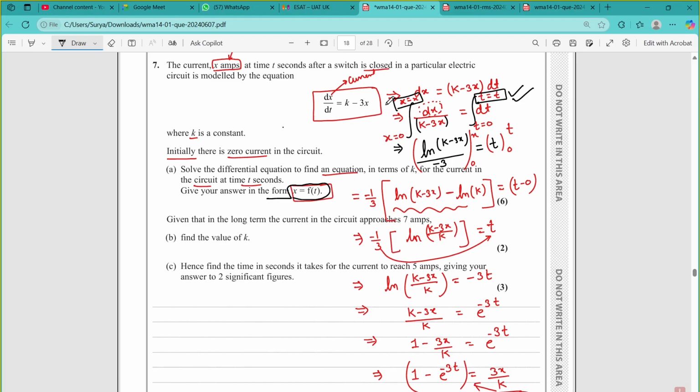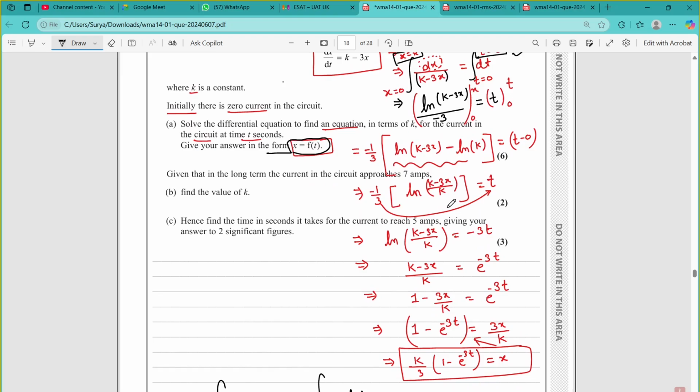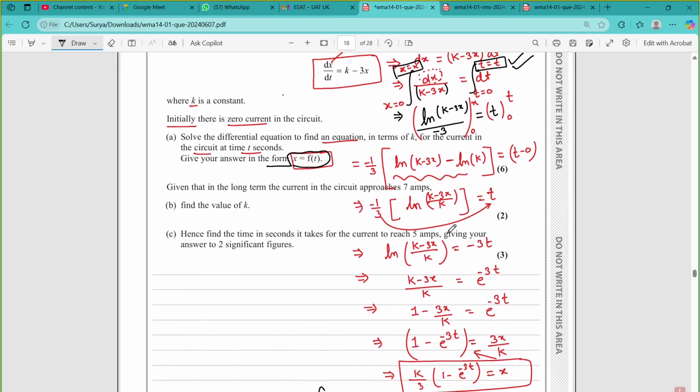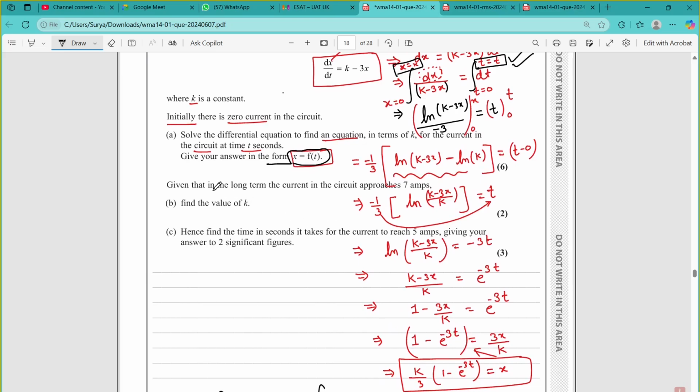So I have converted my indefinite integration into definite integration. That's why I have not used c, the integration constant. Still, I think the answer will be correct. Is it okay? Is the answer correct or not? Okay, so please try the second bit now.